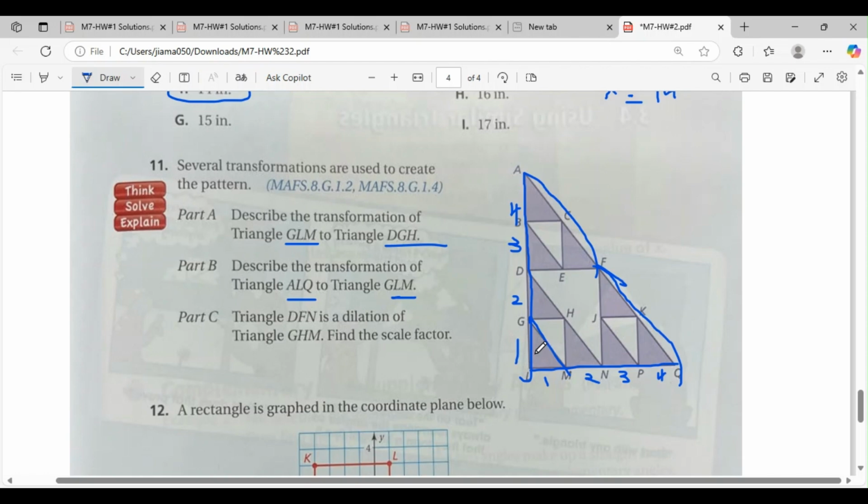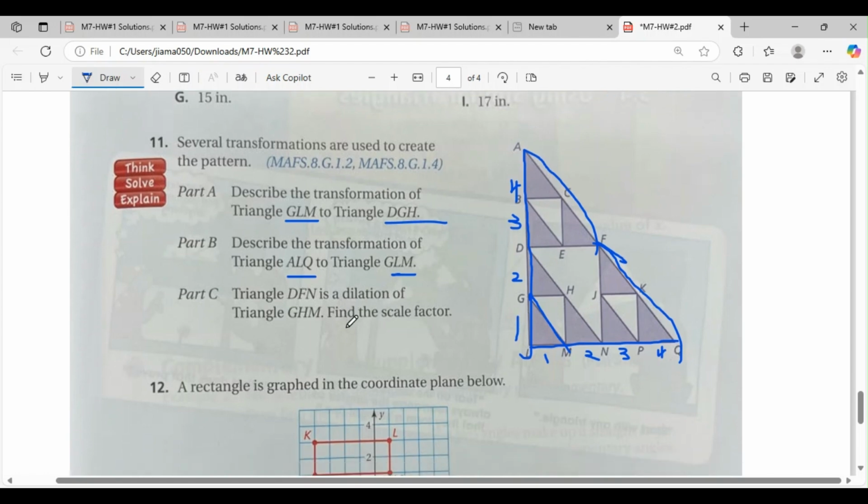The smallest triangle times 4 is the biggest triangle. Okay, so part C.